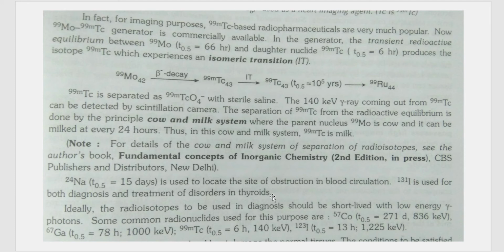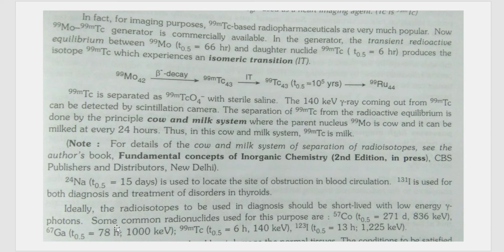Then one thing is that the requirement for a radioisotope that is used in diagnosis is that it should be short lived with low energy gamma photons. What will happen if they are not short lived, students? They will be retained in the body, because we are sending these radioisotopes into our body, correct?